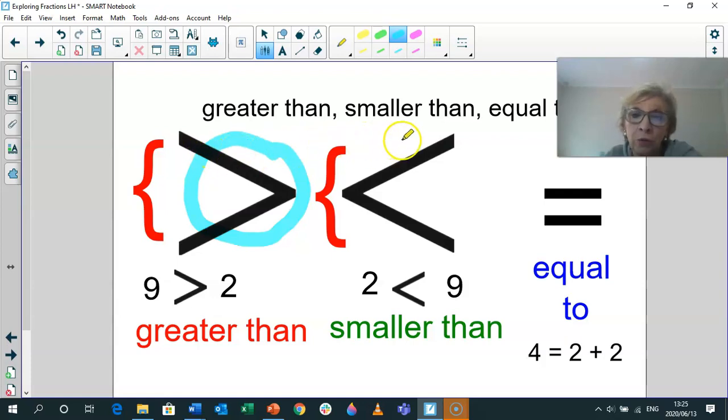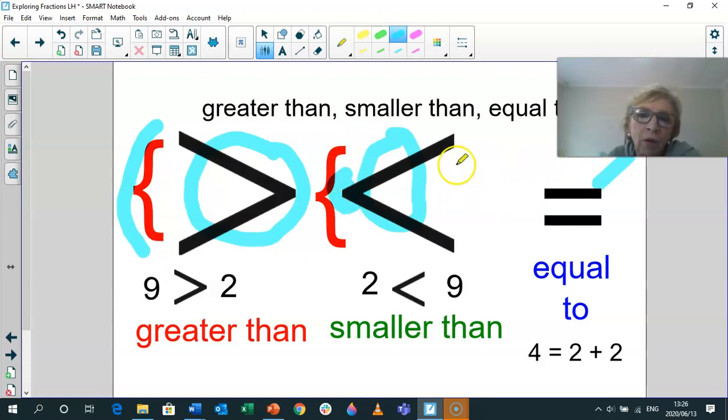And this one, turned this way, is our smaller than. So I want you to see that this red bracket here is showing the big side of that lying on the side V. And this here is showing the little pointy side. And of course there you know exactly what our equal sign looks like.